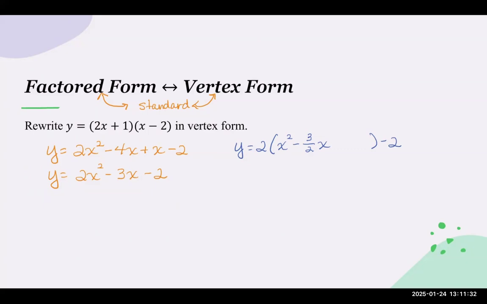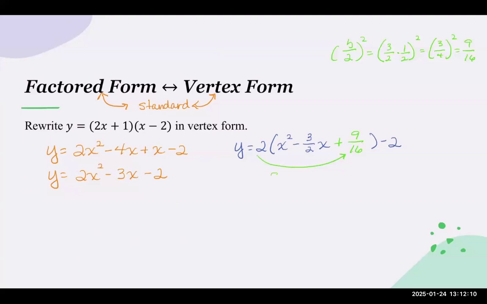Then we go through the same steps of taking b over 2 and squaring it. So if I take 3/2 and divide by 2, that's the same as multiplying by 1/2. So I'm really looking at 3/4 squared, so I've got 9/16. That's what I need to add on the inside. But again, remember that's getting multiplied by 2 here.